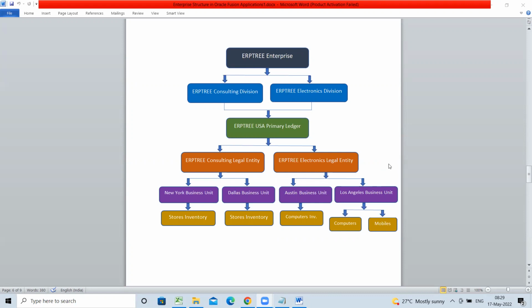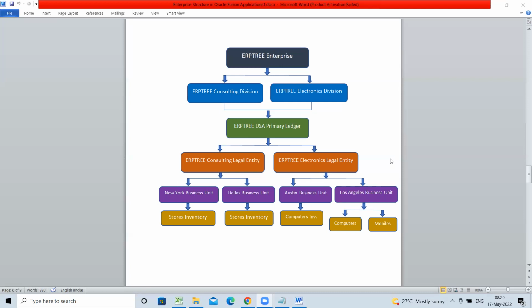Nothing, the summary. Say for example, these two business units are running under the consulting division. Normally we'll have balancing segment values for these four BUs, each BU with its balancing segment value.